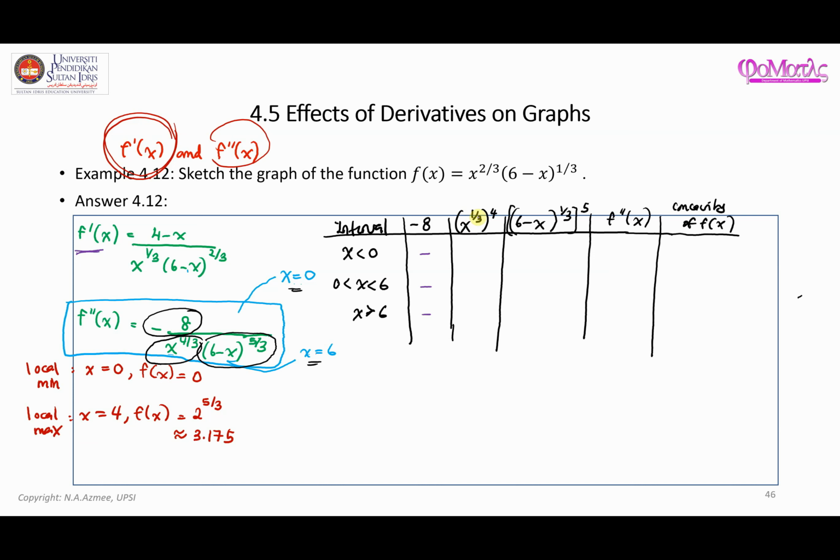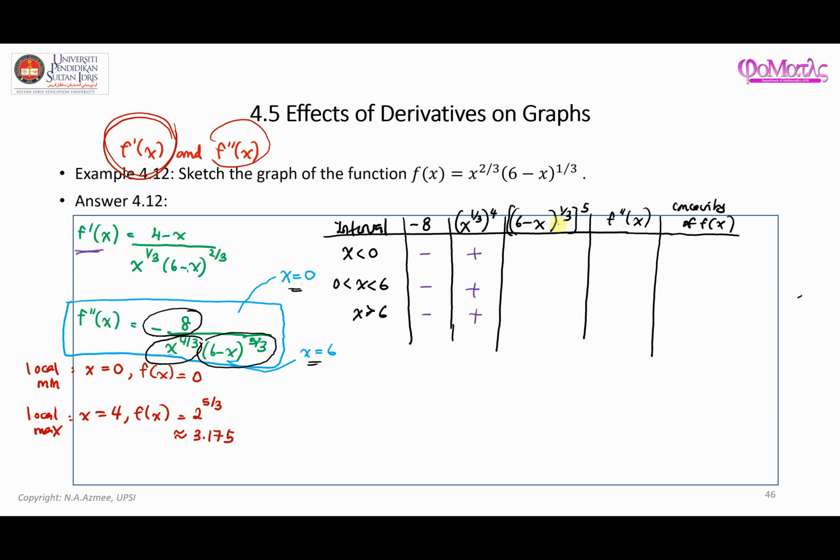With a power of 1/3, the result is negative, but then you have an even power outside, which is 4, so the whole result will be positive. When x is between 0 and 6, x is positive, so the whole thing is positive. When x is greater than 6, again this is positive, so the whole expression becomes positive.